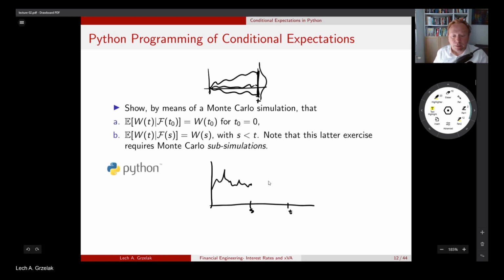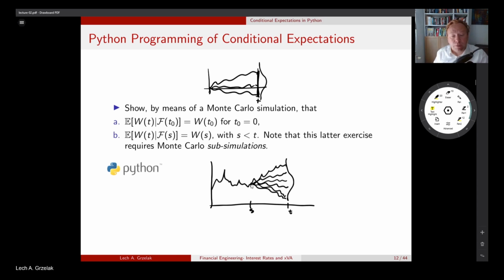So this means that from this point we have paths. Essentially, if we are at this point, we have multiple paths going all the way here, because we assume we are at this point. So we run simulations for every path until this time point, and we take expectations of these conditional paths given the filtration at time s.